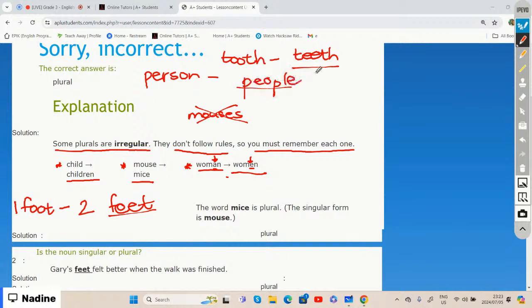One man, and there are lots of other in the room. One man.